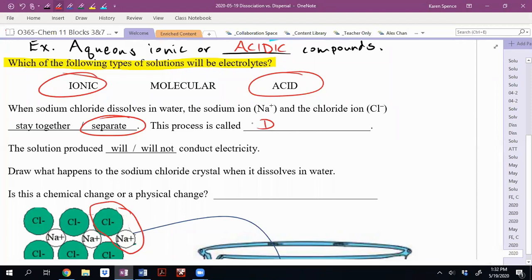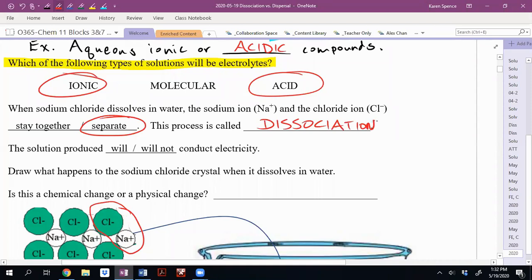You're really close. It is a dis. Sadly, they're both disses, so they sound similar. Decomposition, that's a good guess. Dissociation, yeah.